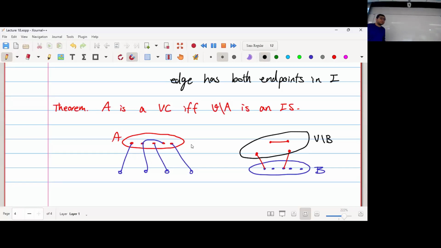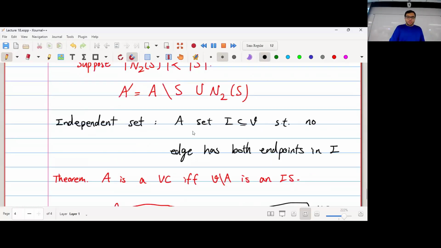So what does this tell you about the minimum vertex cover and the maximum independent set? Again, when we're talking about any of these definitions, we want to see what is the largest possible and what is the smallest possible. And in the case of an independent set, it's very easy to find a small independent set, right? The empty set. That's a small independent set. It's quite hard to find a large independent set.